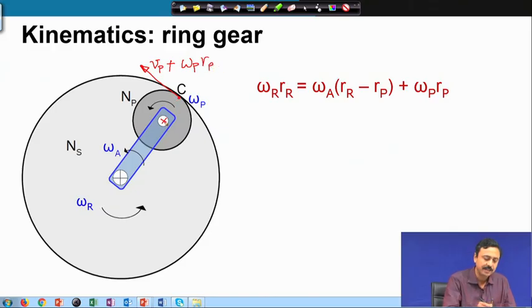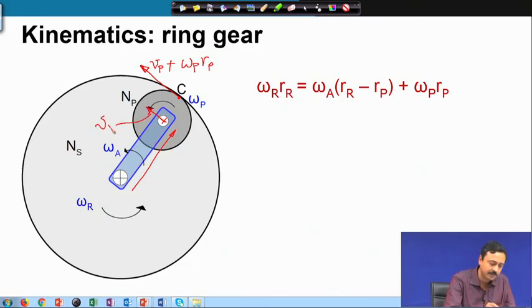So, from the planet side, velocity of c is equal to velocity of the center of the planet plus omega p times r p. Now, the velocity of the planet is nothing but omega arm times this length.